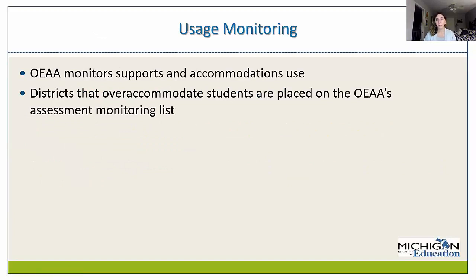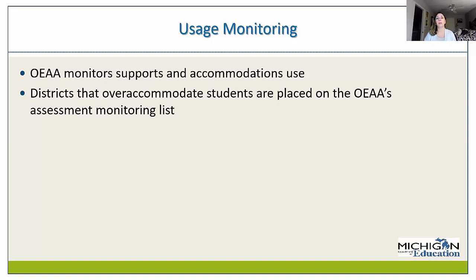Our office, the Office of Educational Assessment and Accountability, does actually monitor supports and accommodations use. What we're really interested in making sure that districts are not doing is over-accommodating students. So giving too much to students that don't really need it, because that can actually have a negative impact for students. So what happens if we flag or identify a district?